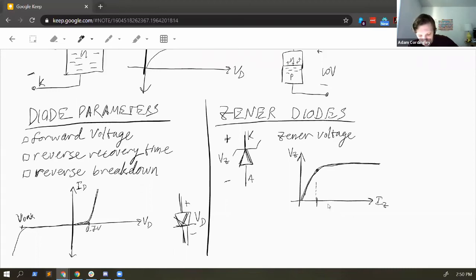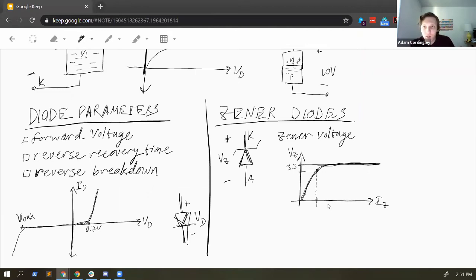This is where the current is sufficient that the Zener enters regulation, we could say. So if our Zener voltage were like 3.3 volts, that's the point we want to reach, and you need to supply it with enough current to keep it at this desirable voltage.